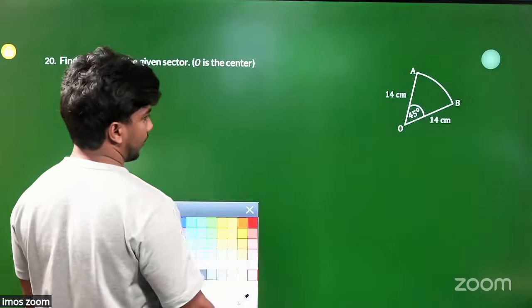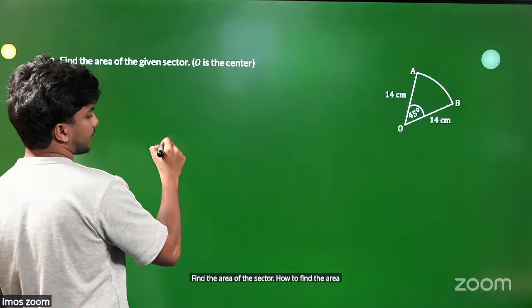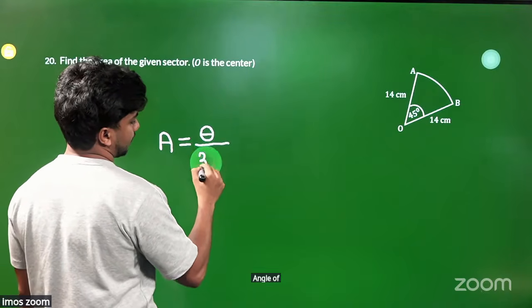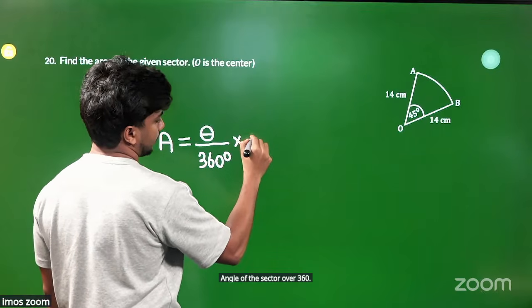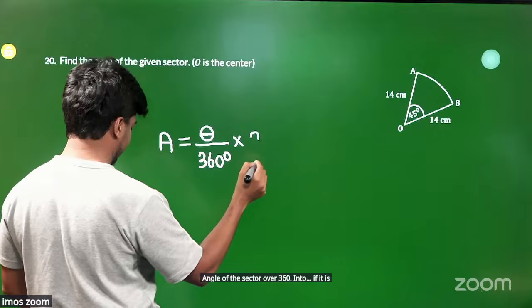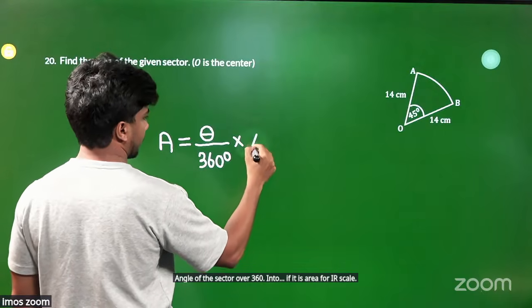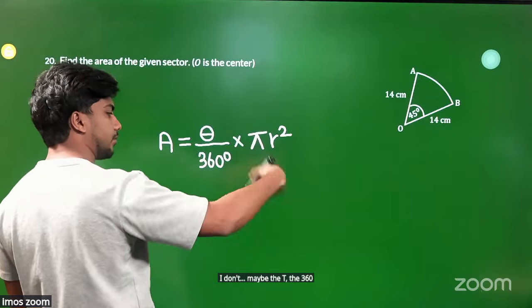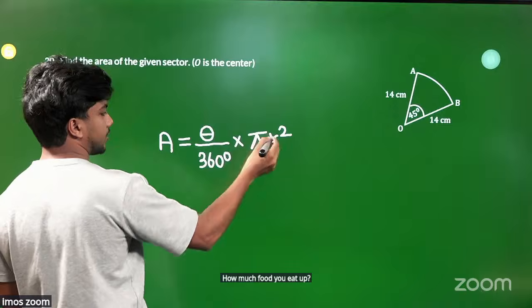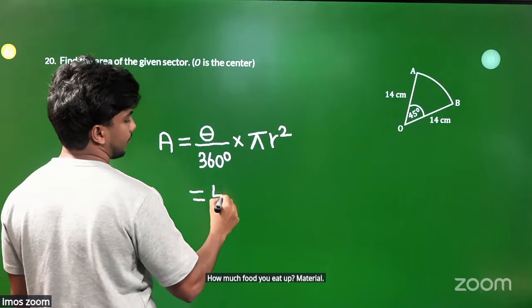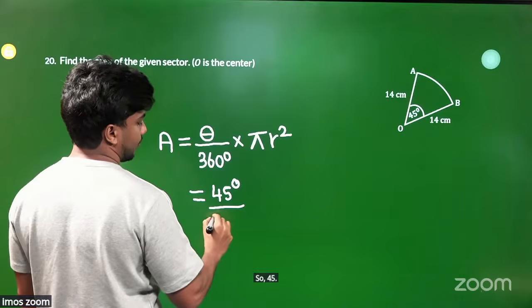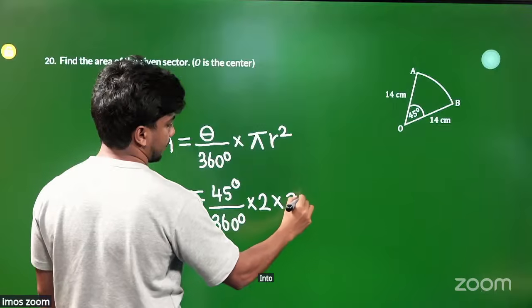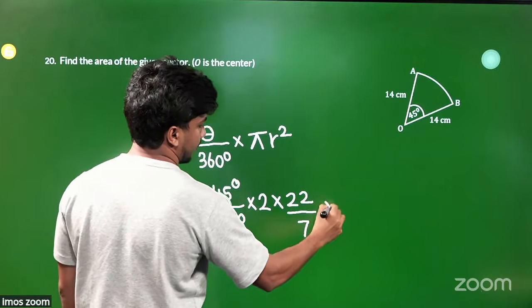Find the area of the sector. How to find the area of the sector? Angle of the sector over 360 into pi r square. How much for theta? So 45 over 360 into 22 over 7 into 14 square.